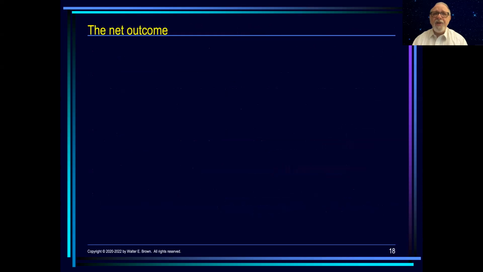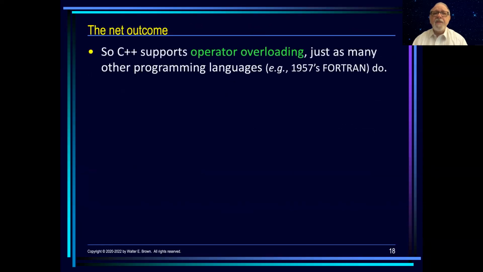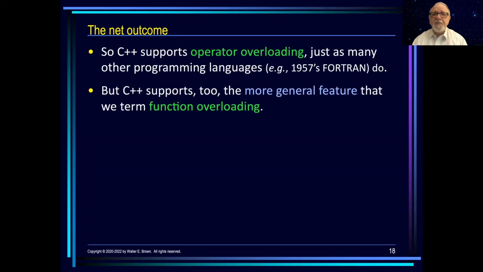So, as we know, the net outcome is that C++ supports operator overloading, just as many other programming languages do. Even Fortran back in 1957 supported operator overloading, what we used to call mixed mode arithmetic. But C++ supports also the more general feature that we term function overloading.